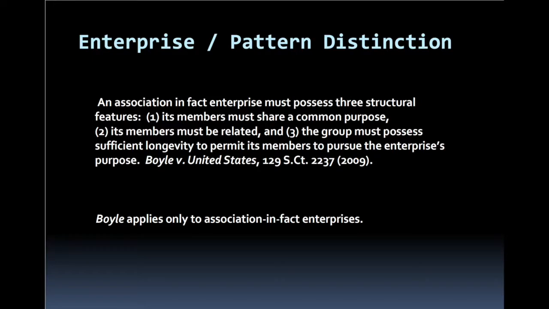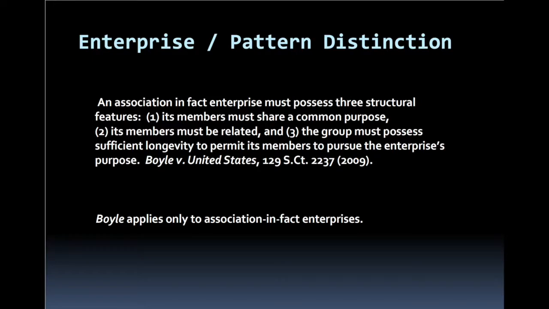All of that was very, very much inconsistent from circuit to circuit. That split wasn't resolved until Boyle versus the United States, a 2009 Supreme Court case found at 556 U.S. 938. And in Boyle, the Supreme Court said that an enterprise is distinct from the pattern of racketeering activity if three factors are met.